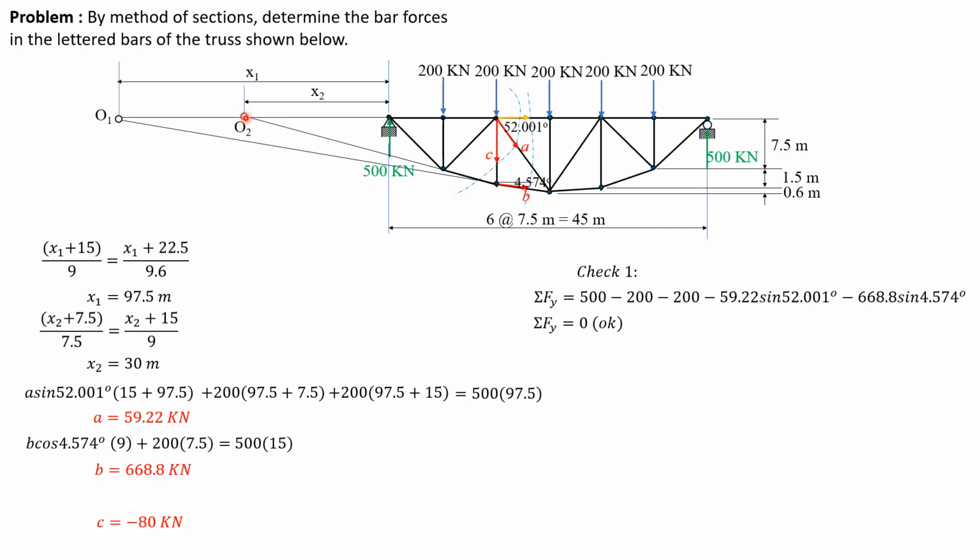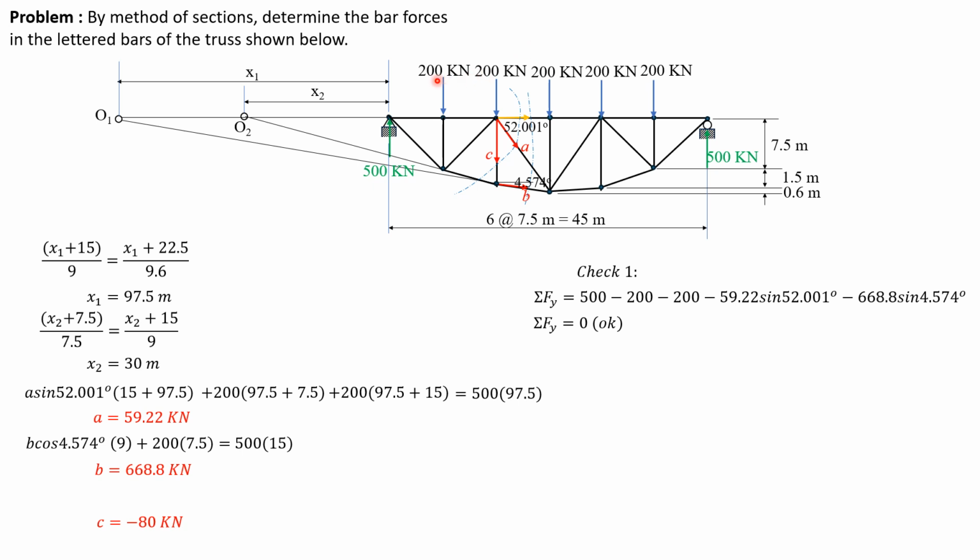To locate O2, let's call it x2 from this support here: x2 plus 7.5 as to 7.5 is equal to x2 plus 15 as to 9. So x2 is 30 meters.